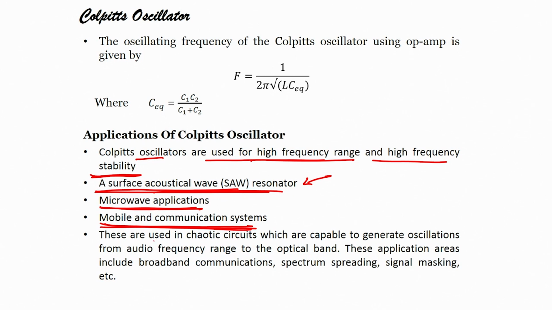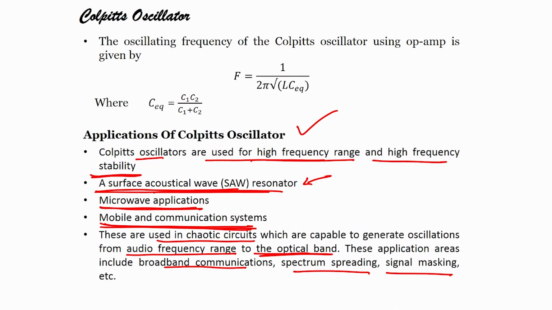These are used in chaotic circuits which are capable of generating oscillation from the audio frequency range to the optical band. The application areas include broadband communication, spectrum spreading, signal masking, etc. So, Colpitts oscillators are used in several areas, from SAW to microwave to mobile communication to spectrum spreading and so on.